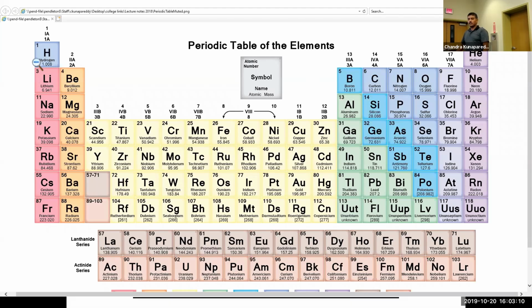And also there is a trend from top to bottom. Hydrogen has 1 proton because its atomic number is 1, but lithium has 3 protons, so it has atomic number 3. Sodium has atomic number 11, so it has 11 protons. Potassium has 19 protons because its atomic number is 19. As you see, each element has more protons.